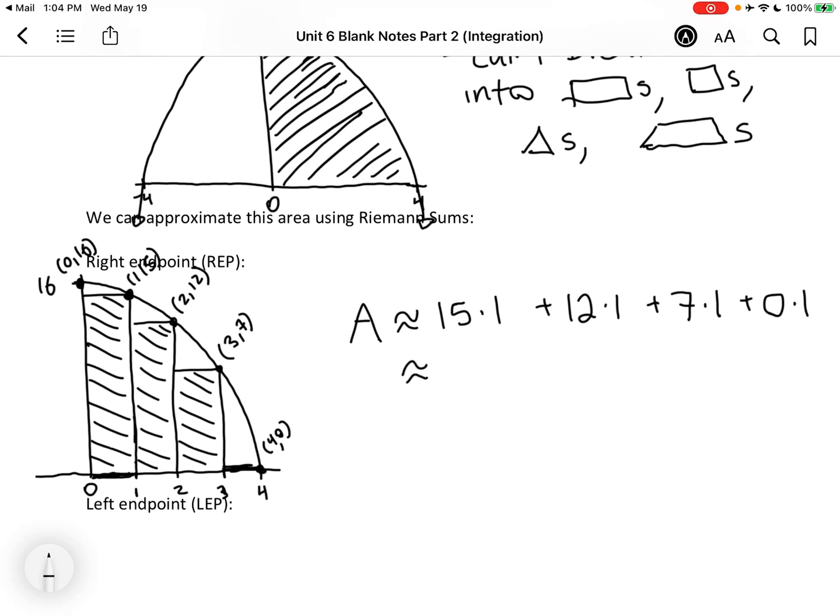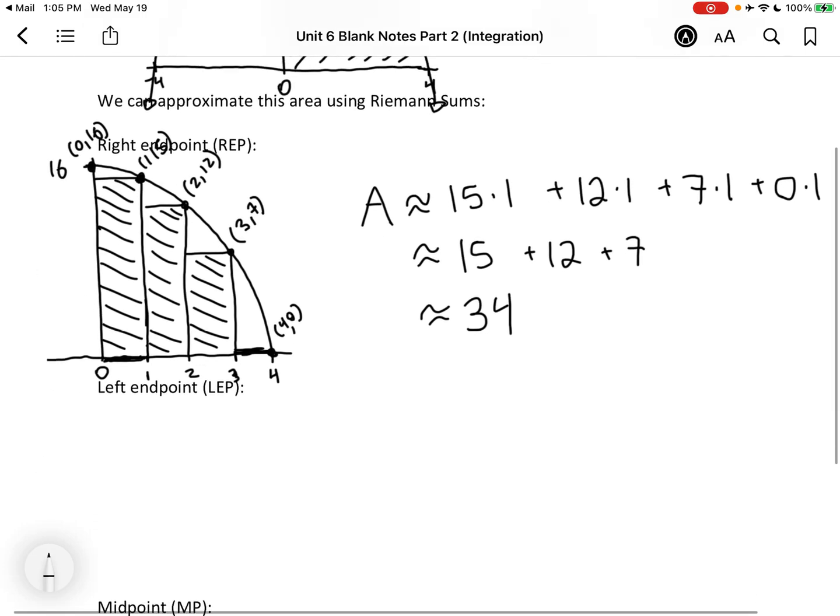And so this is approximately 15 plus 12 plus 7 plus 0, right? And so that's 15 plus 12 is 27, plus 7 is 34. Okay, so the area under the curve is approximately 34. Okay, so that's one approximation.